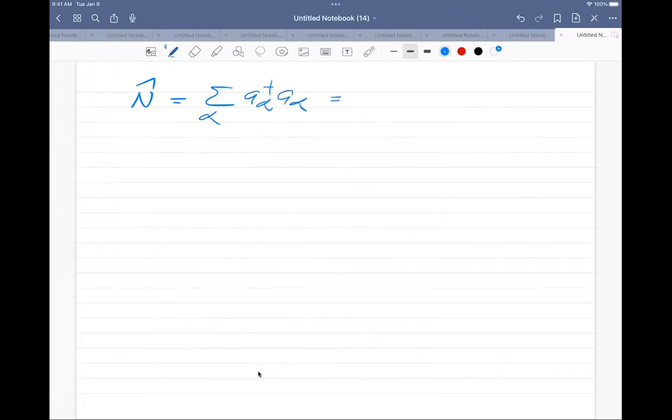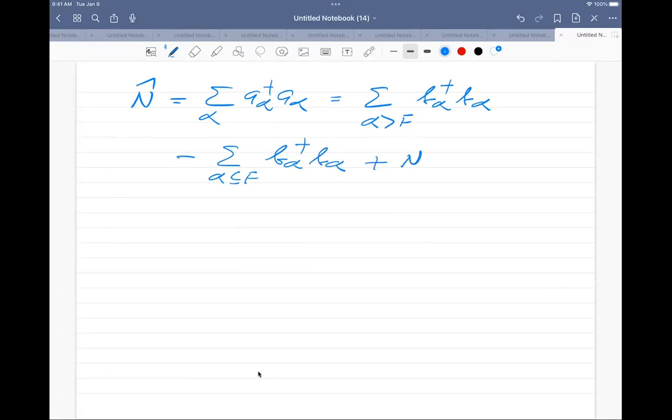And we could rewrite this one in two sums, where we now have an alpha which sums over states above the Fermi level. And then we had a minus sign for alpha less than or equal to F. So these are for hole states, or states below the Fermi level. And then we had plus N, where N is just a scalar, the number of particles which we have. So this was just a rewrite in terms of the new operators.